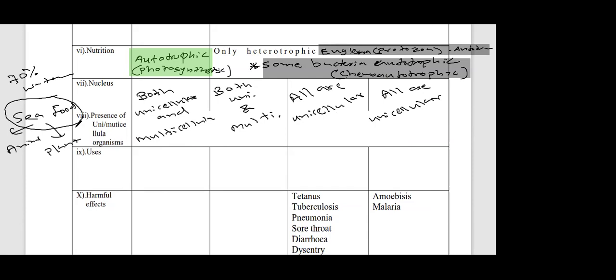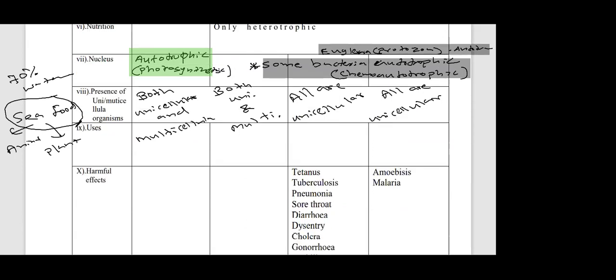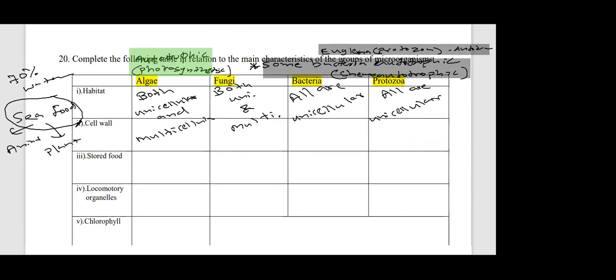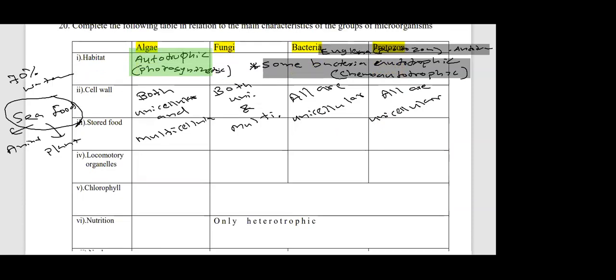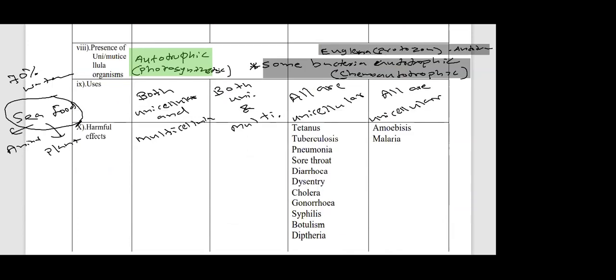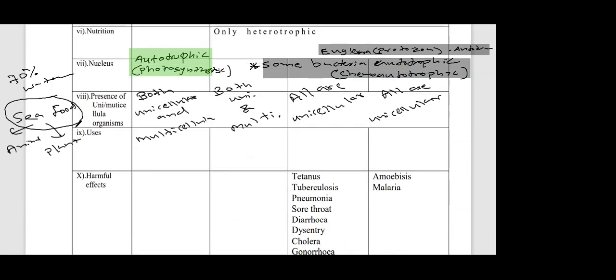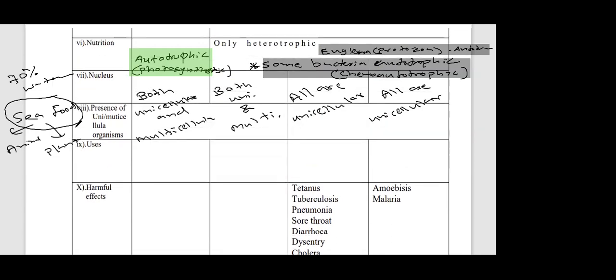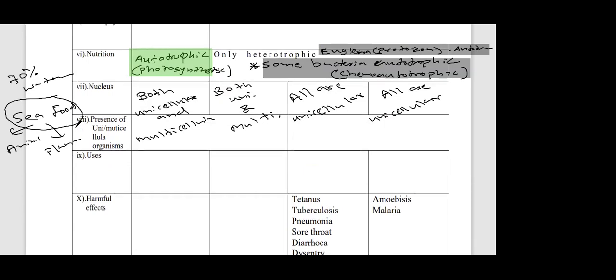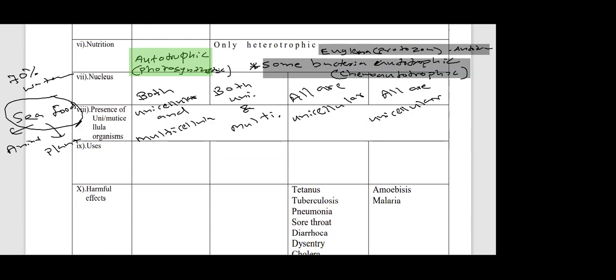Now latecomers, those who join late, we are doing page number 9, right? Page number 9, number 20, microorganisms. Okay, those who join late. Next part. We missed one here, right? Nucleus we didn't do.